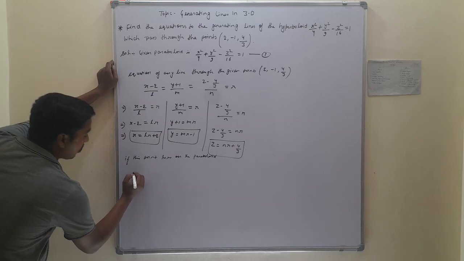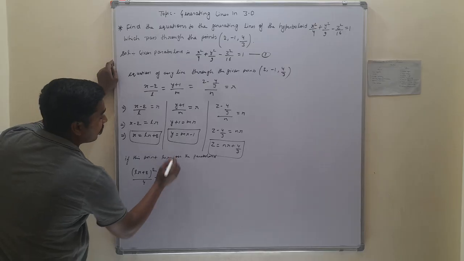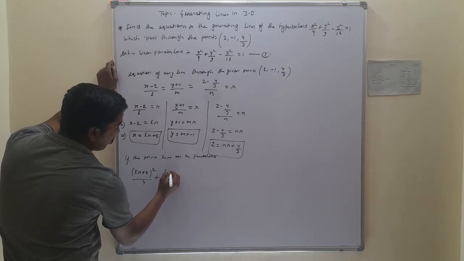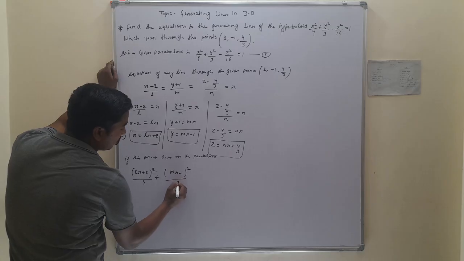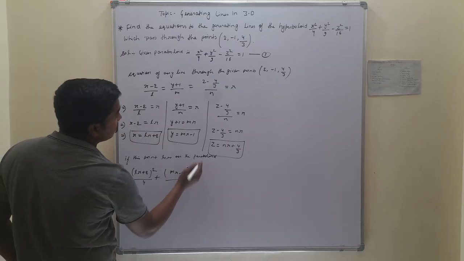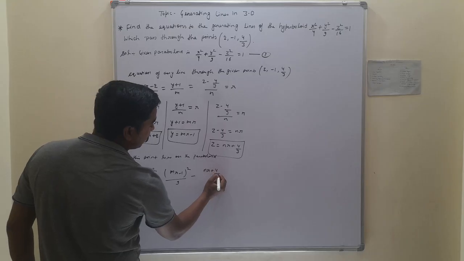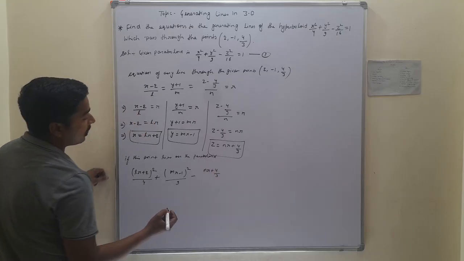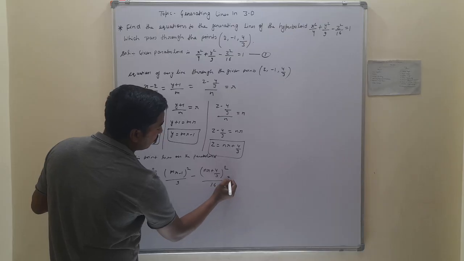We get here (lr plus 2) whole square by 4 plus y, the value of y is (mr minus 1) whole square by 9, minus z, the value of z is (nr plus 4 by 3) whole square by 16 is equal to 1.